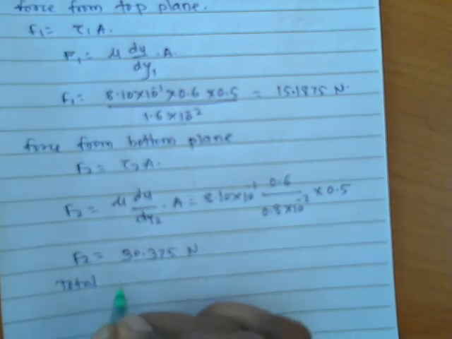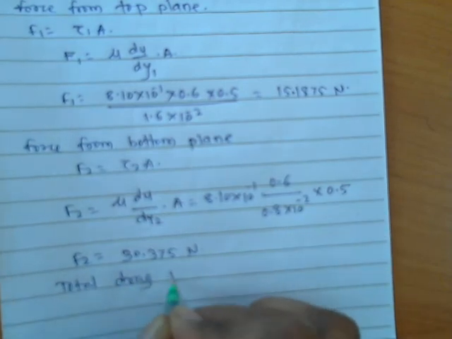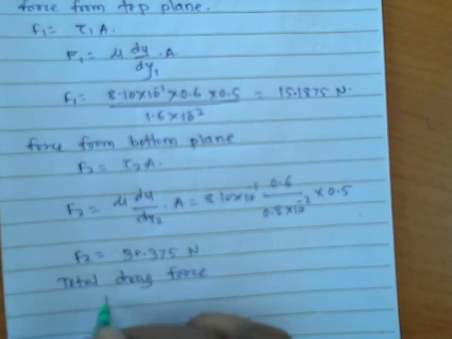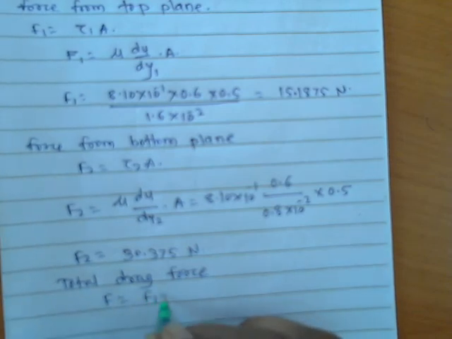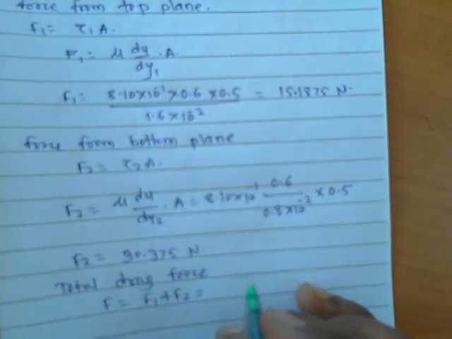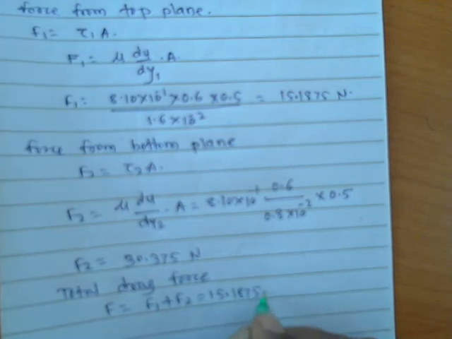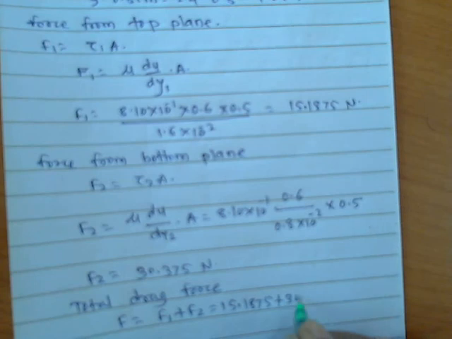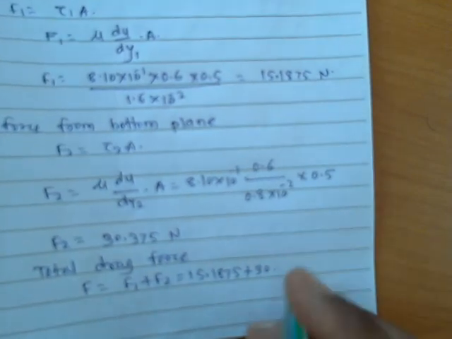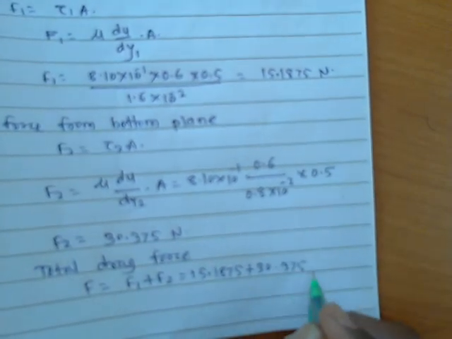Okay. And the total drag force F is equal to F1 plus F2. So F1 is 15.1875 plus F2 is 30.375 Newton.